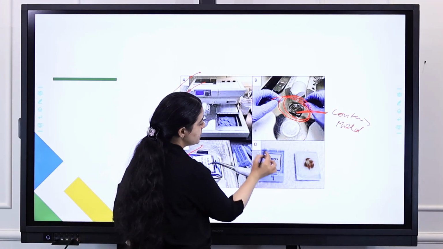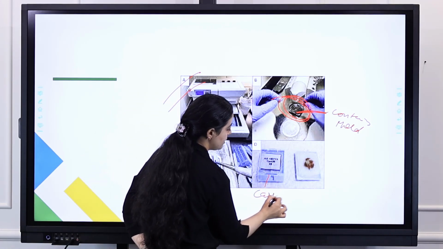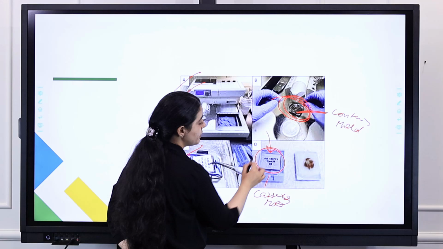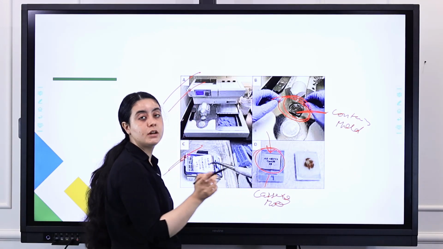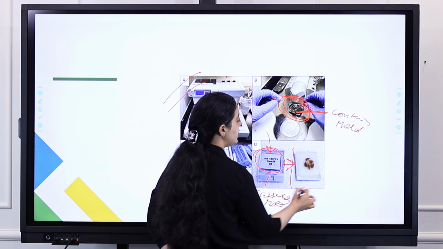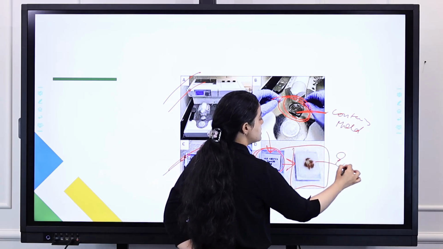And finally, this is the cassette, or you can say the mold. Into this mold we fill the liquid, melted paraffin along with our tissue, and finally we have an embedded tissue like this.